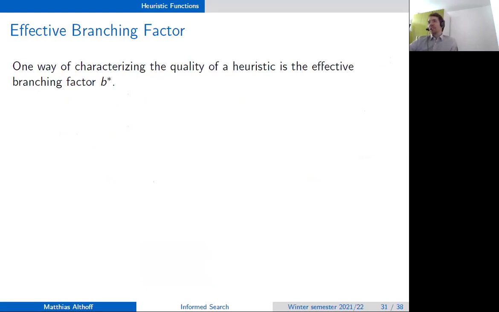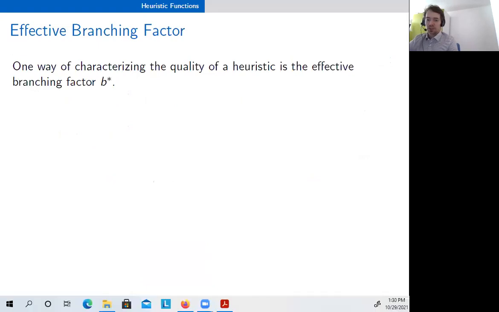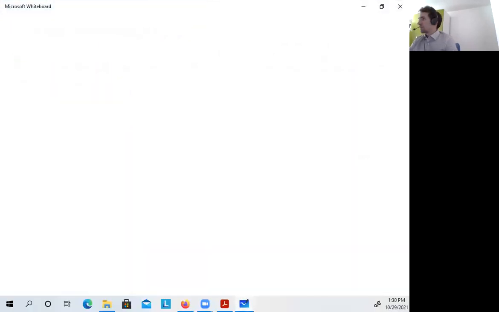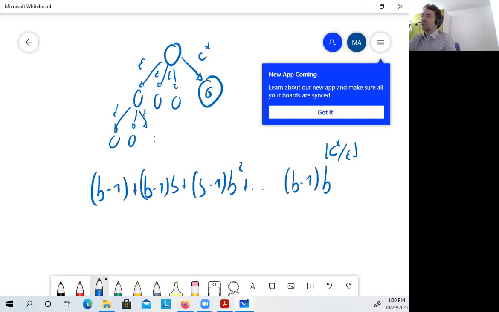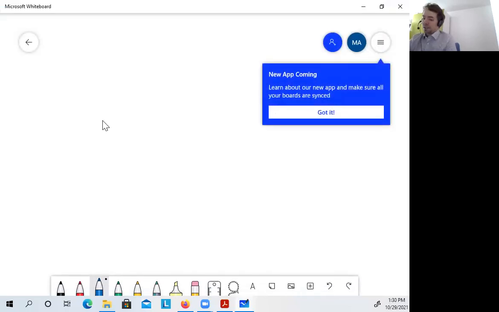So now there is a measure which is called the effective branching factor, which tells you how good a heuristic is. So what is the effective branching factor? Let me quickly draw this on my whiteboard. Let's say you have a search tree that looks like this.